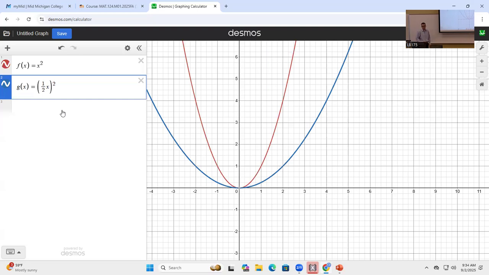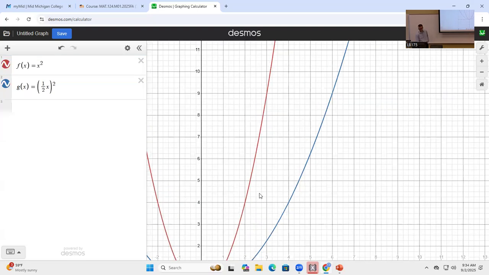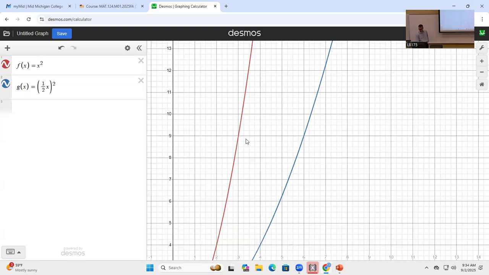And the same thing is true if I put a 1/2 inside there. I go from (1, 1) now to (2, 1). And my point that was (3, 9) now got stretched out horizontally to (6, 9).